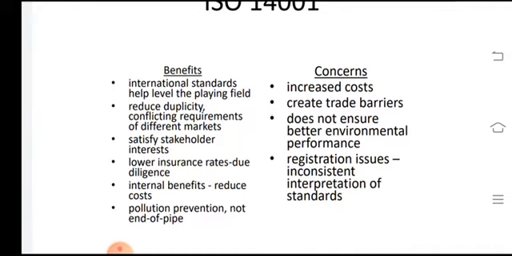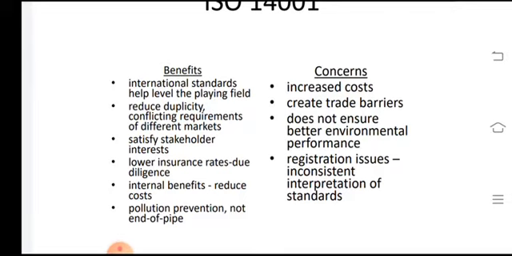All these are the benefits of the implementation of ISO 14001, and the concerns are not so much. It's only about the increased cost. But in the end you will observe that this increased cost is being repaid. We will have a payback of this concern.